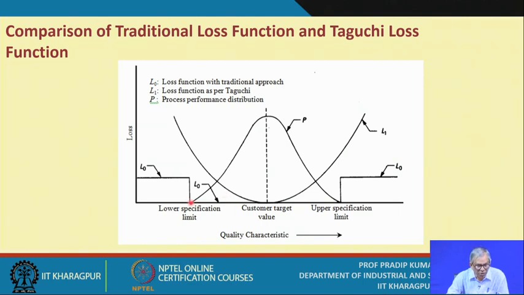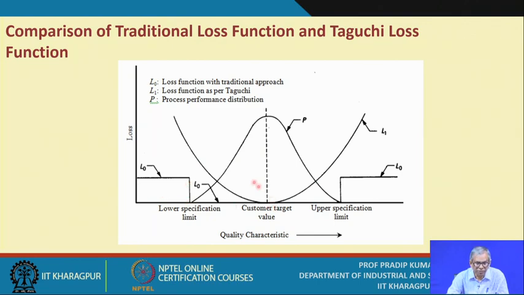But as soon as you get a value less than the lower specification limit, the loss jumps to this level, or the value crosses the upper specification limit. You know that this is a step function, and you say the loss is very high. That means this is an unacceptable zone, and this is also an unacceptable zone.